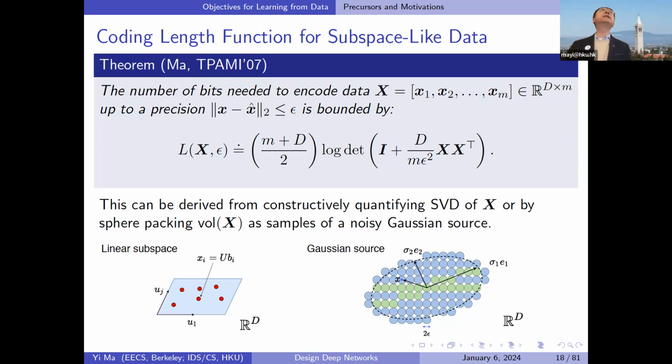Now, the question is, how do you measure the volume? What is that number of spheres for certain distributions, certain data in space? As I said, you cannot compute it. For most distributions you don't know, because that's called the rate distortion. What is the number of bits you need to code your data, per sample? That is called the coding rate. But at least for some distributions, we're very lucky.